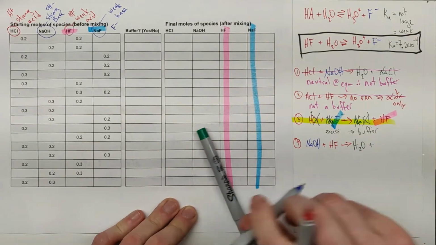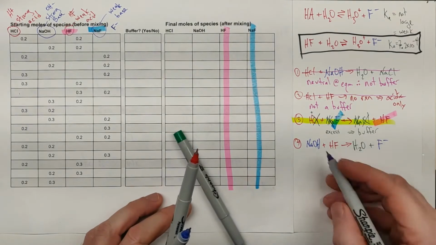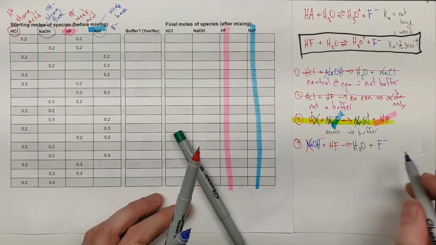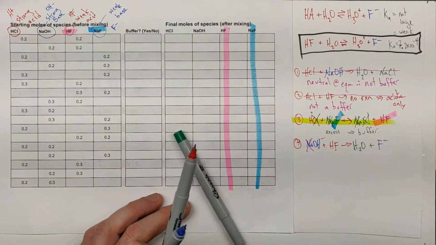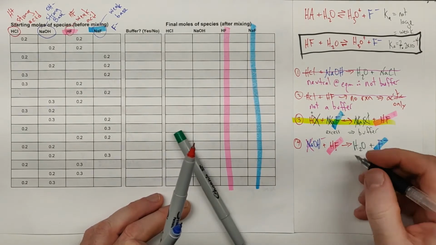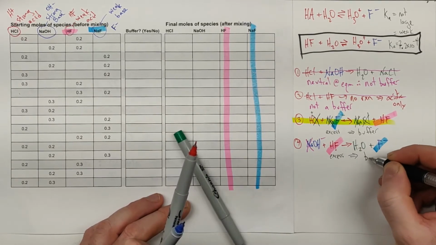And in this particular case, F minus. Again, I'm not looking closely at the spectators. This Na plus is gone. We've got OH minus and HF. We get H2O and F minus. So there's our weak conjugate base. There's our weak acid. That one is a buffer system. All right. So as long as this is present in excess, we do have a buffer system.